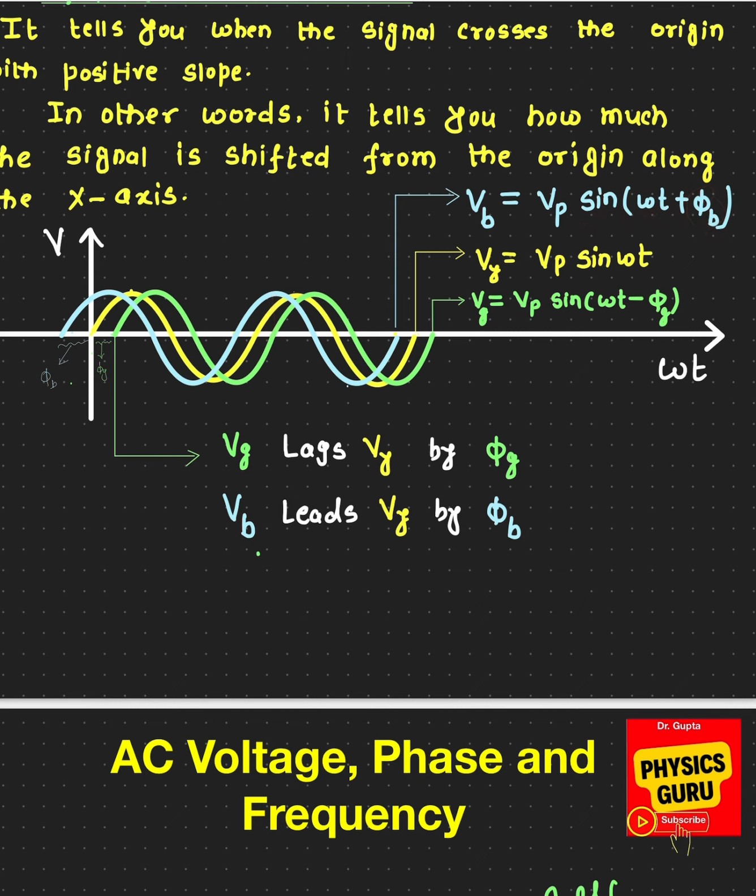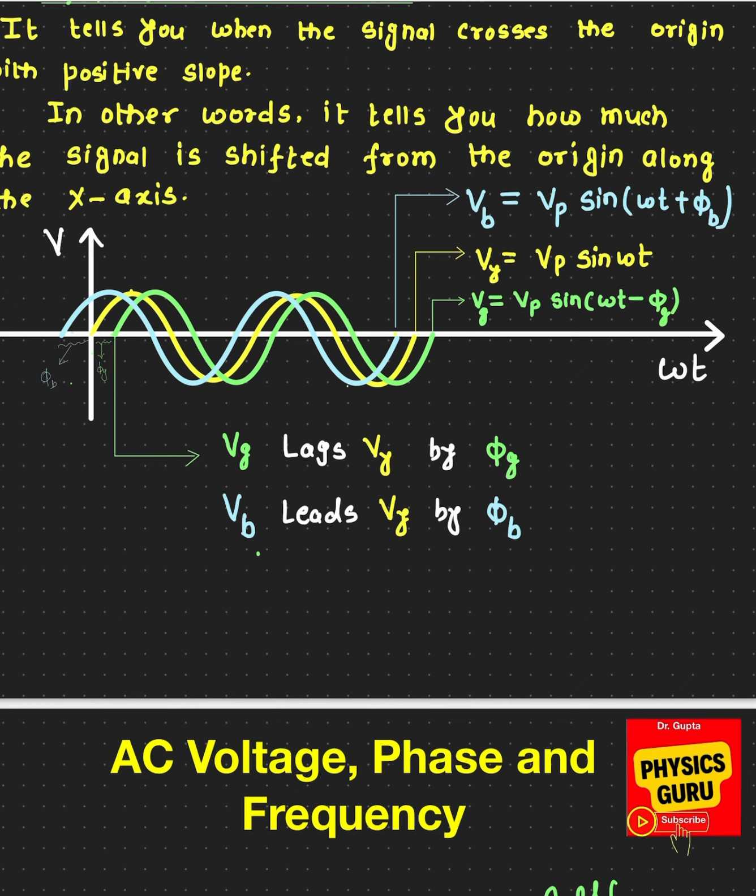Whenever the signal crosses to the left of the origin, we write positive. If the signal crosses to the right, for example the green one, then we write negative. That's as simple as it is. So remember, when the signal crosses to the left, we write positive. When it crosses to the right, it should be negative.